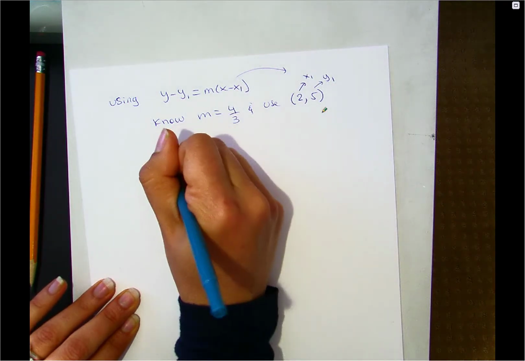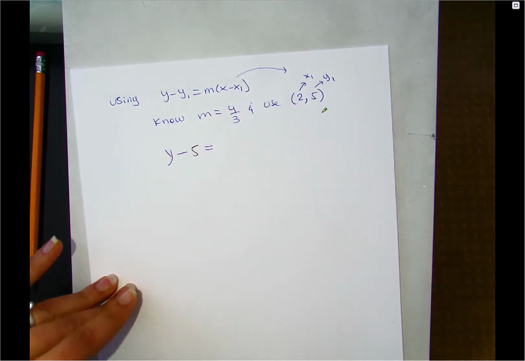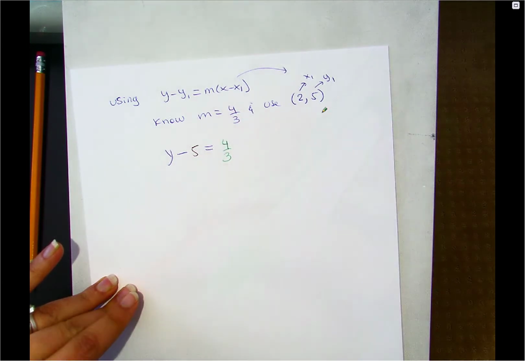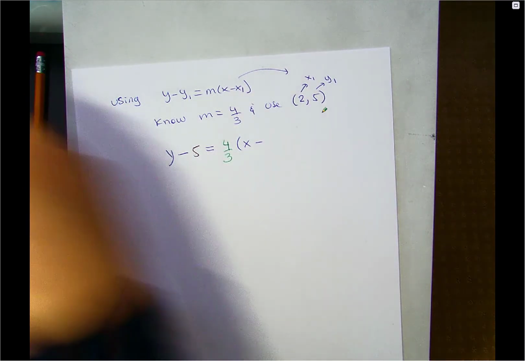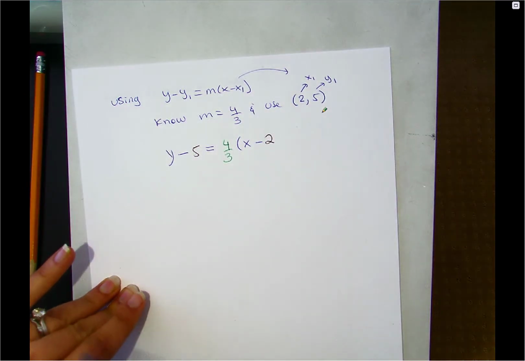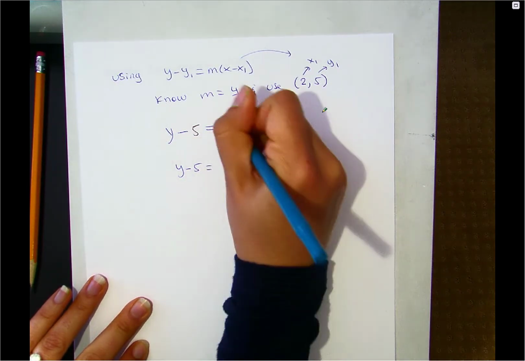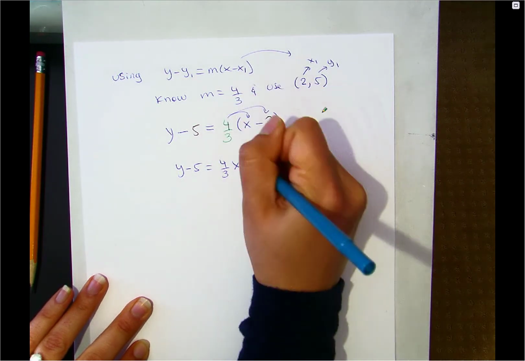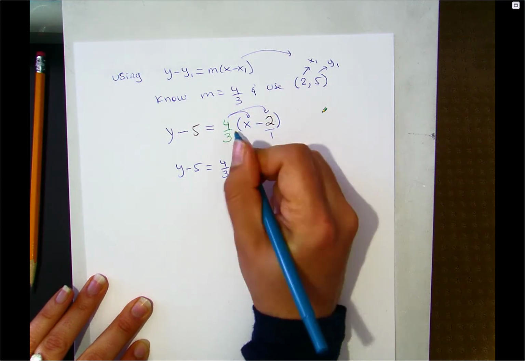So what this looks like is y minus y1, which is 5, equals m, the slope that we found from before, 4/3, times x minus x1, and x1 is 2. And we solve this. So I have y minus 5 equals, distributing in, 4/3 x minus 4 times 2 is 8, 3 times 1 is 3.